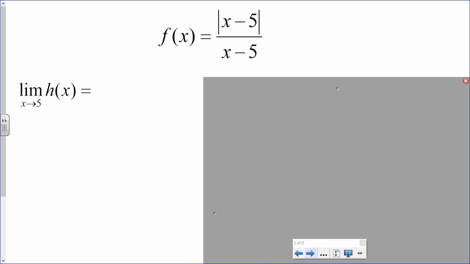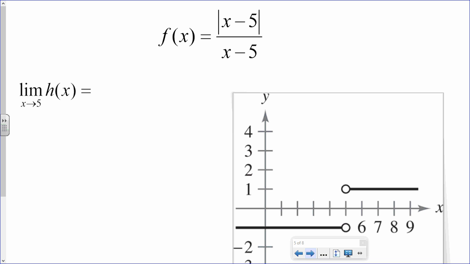Transformations. This graph, but what? To the right 5. Okay? So, if we're talking about the limit as x approaches 5, well, you have a break, right? Oh, let's make that f of x.